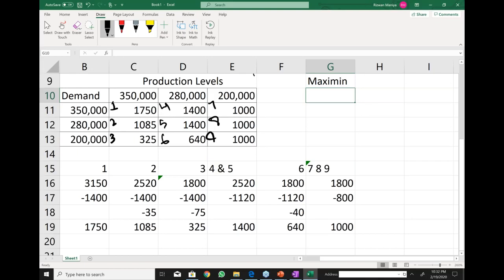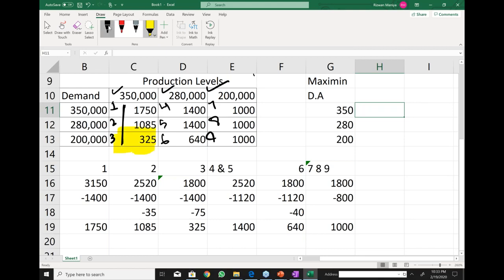So let's see. DA1 is 350, DA2 is 280, DA3 is 200. Now in 350, which do you think is the minimum one?